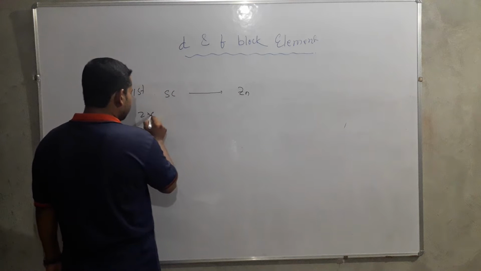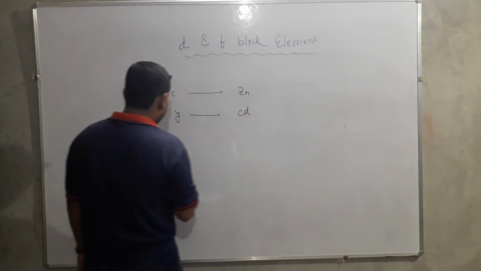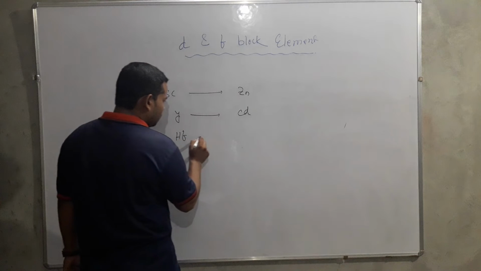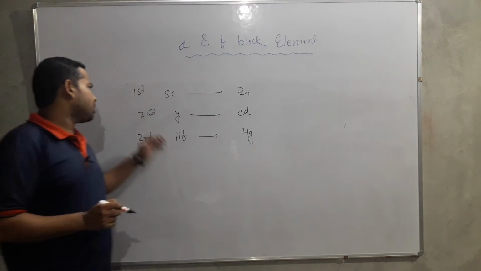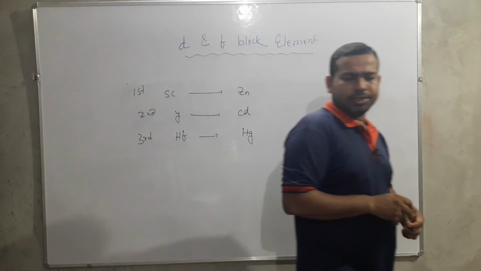The second row is yttrium to cadmium. The third row is hafnium to mercury. Clear people? The first row starts from scandium and ends in zinc.